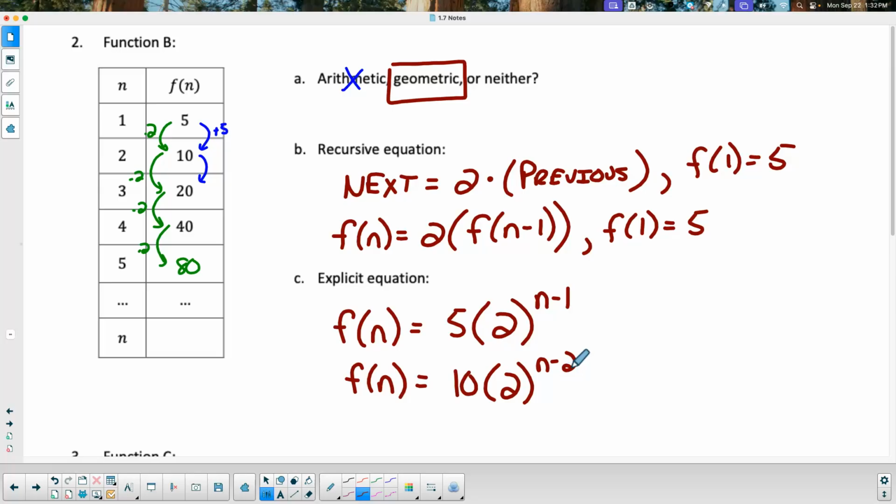If we use the third term, it would be 20 times 2 to the n minus 3 power. If we use the fourth term, it would be 40 times 2 to the n minus 4 power. So on and so forth. Yeah? First one that I have written is usually the one that's the smallest number, so that's usually the best one to use. Questions on function B?